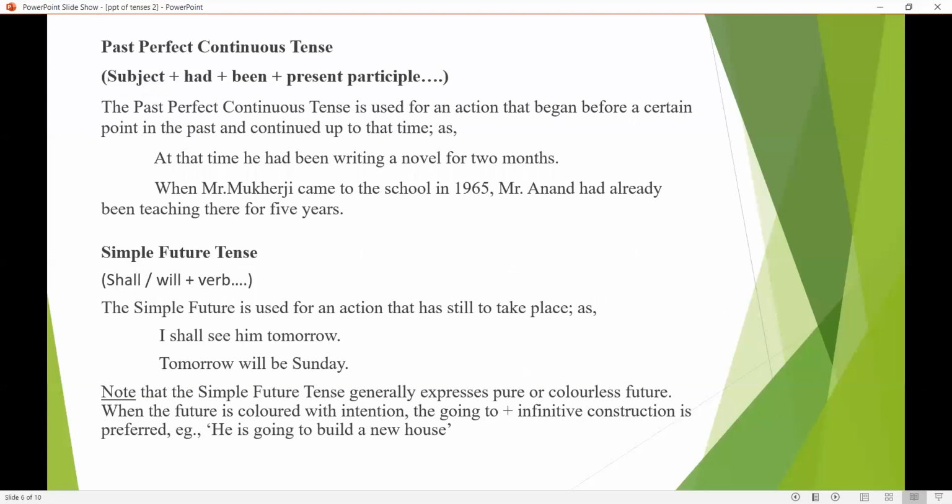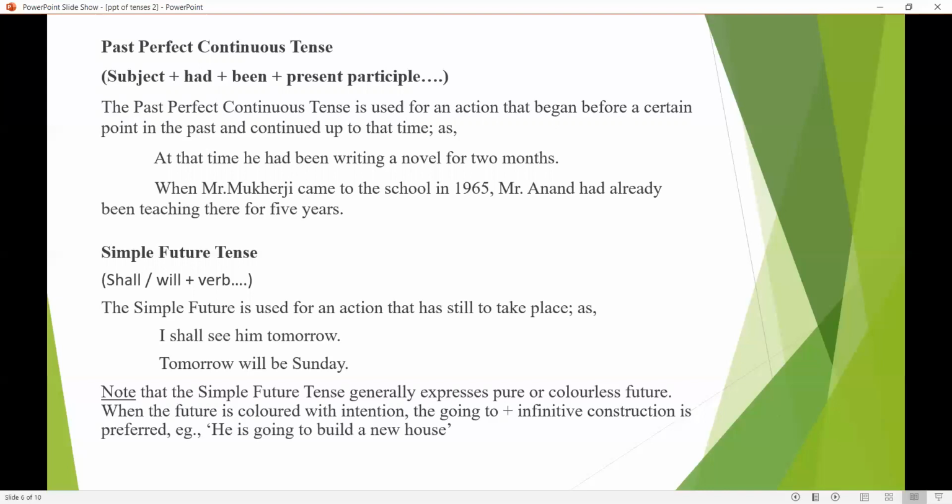Past perfect continuous tense. Now, this structure comprises of subject plus had plus been plus present participle. The past perfect continuous tense is used for an action that began before a certain point in the past and continued up to that time.